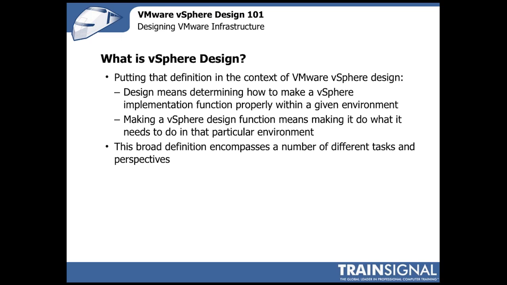We're making that design do what it needs to do in that particular environment. Your environment might mean it needs to run a bunch of web servers because it's a front end for a web server farm. Or your environment might mean that the vSphere design needs to run a variety of workloads. Maybe it's virtual desktops, maybe it's server consolidation. In any case, all of these things are the functions that the design has to accomplish.